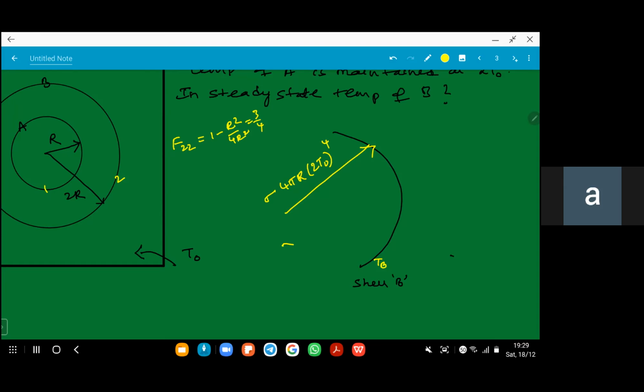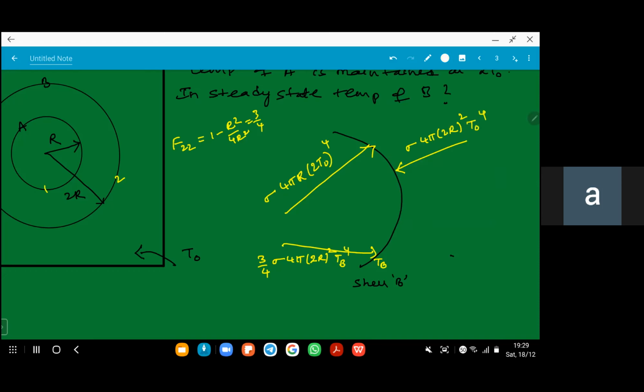So it receives 3 by 4 times sigma 4 pi 2R square TB power 4. So received is this. Here it receives one more thing from outside: sigma 4 pi 2R square T naught power 4. So input contents are this.